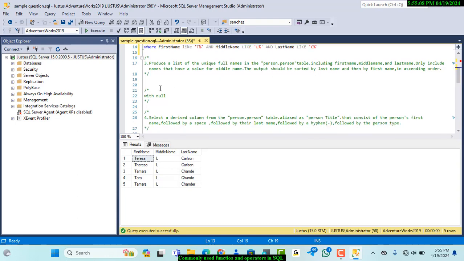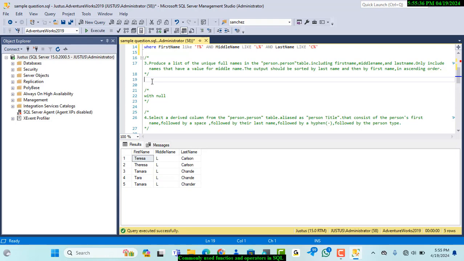Question 3: produce a list of the unique full names in the Person.Person table, including first name, middle name, and the last name. Only include the names that have values for the middle name. The output should be sorted by last name and then by first name in ascending order. In question 3, three concepts are being tested.